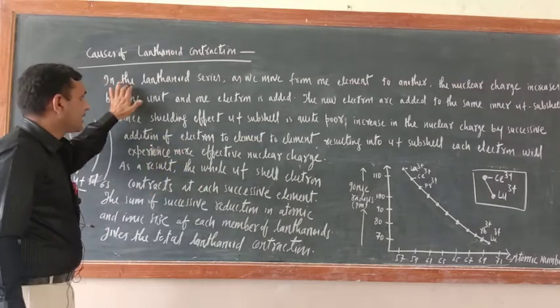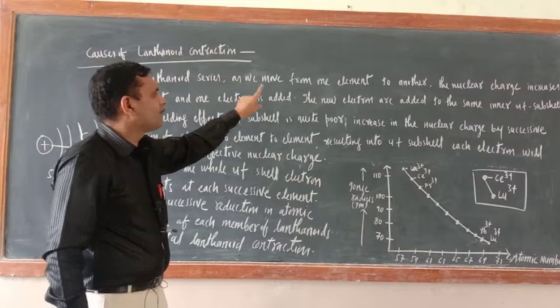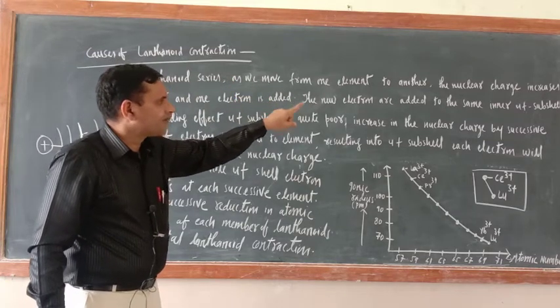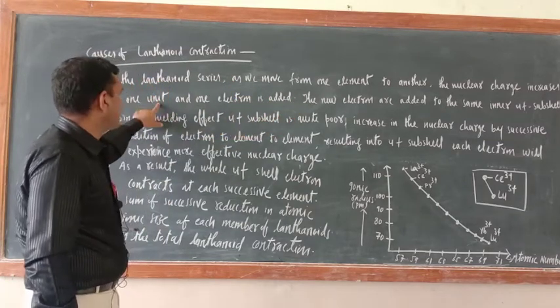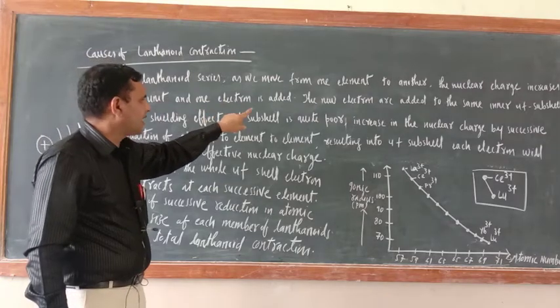Now I wrote here: in the lanthanide series, as we move from one element to another, the nuclear charge increases by 1 unit and 1 electron is added.